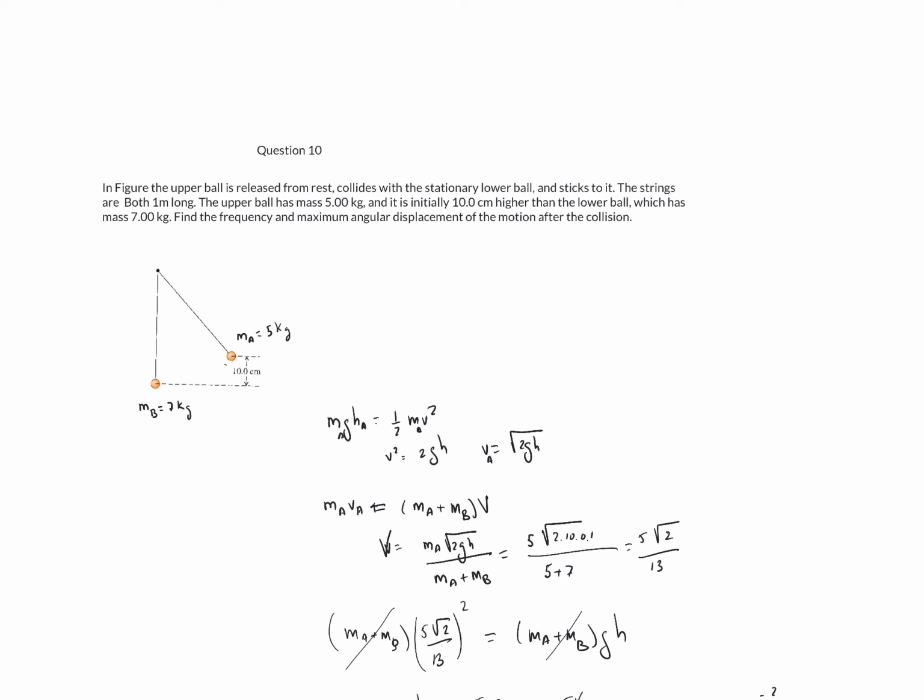Okay, once we find the velocity before the collision, because the problem says that both of them will have a collision and will stick together, we are going to apply conservation of linear momentum in this direction to find the common velocity that the two masses will have immediately after the collision.